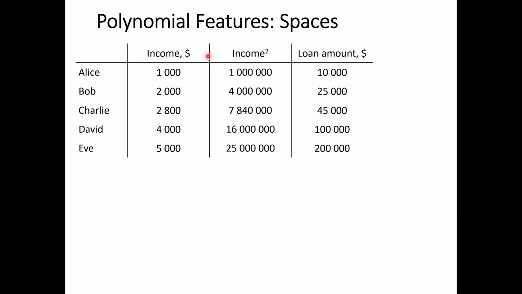We can use both features at the same time, income and income squared. In this case, we can treat income squared as a second feature and build a linear regression model in the standard way, but now with two features. Let's denote income as x1 and income squared as x2.